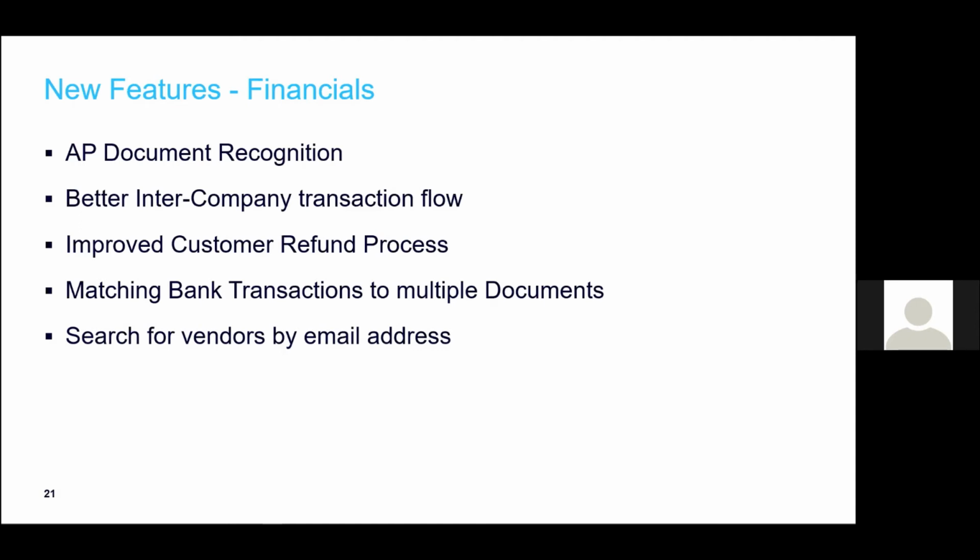The improved customer refund process, it was a little awkward before. It's a lot more streamlined now. On bank matching, Acumatica has always had very strong banking interactions with just about every bank out there. Now, when you're matching transactions from your bank, it used to be that one document could only be matched to one other document. That was a problem especially with credit card transactions, right?